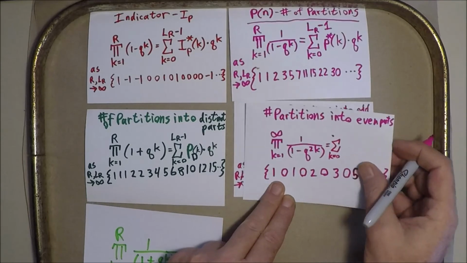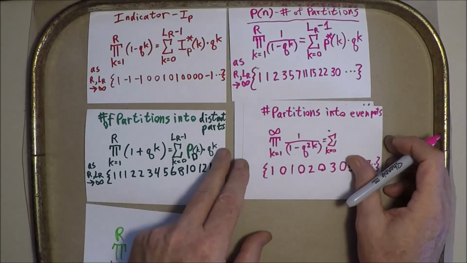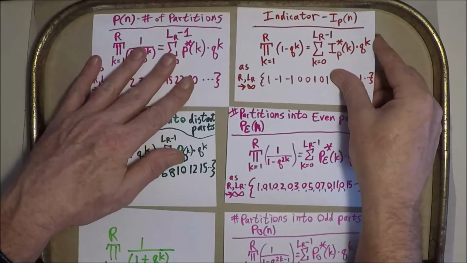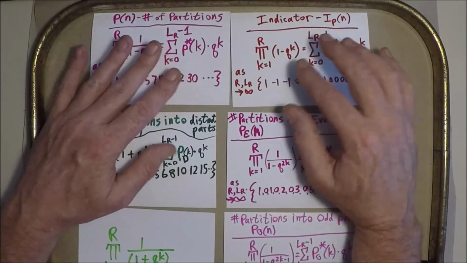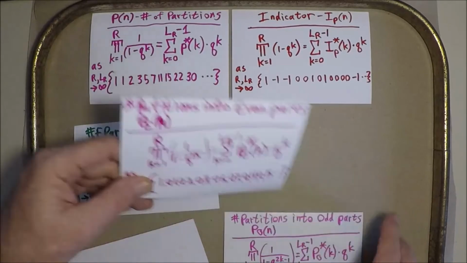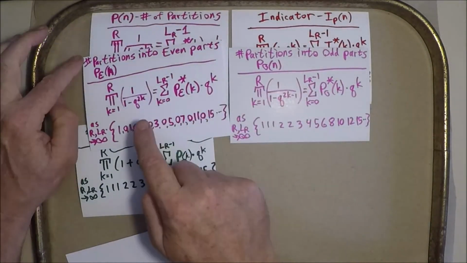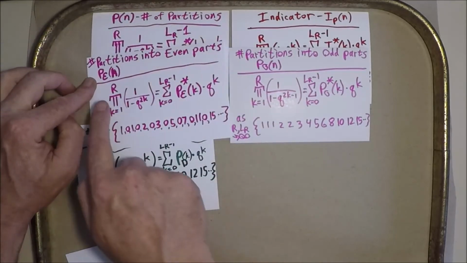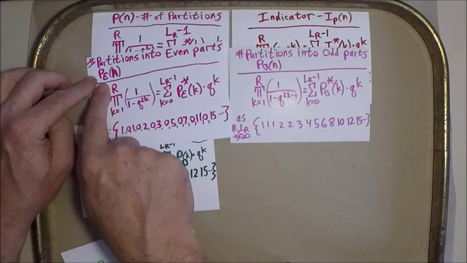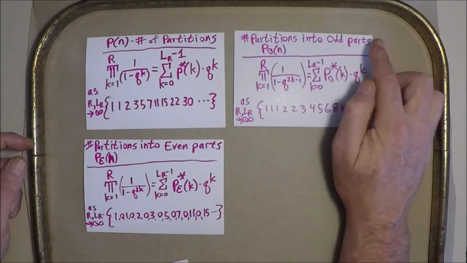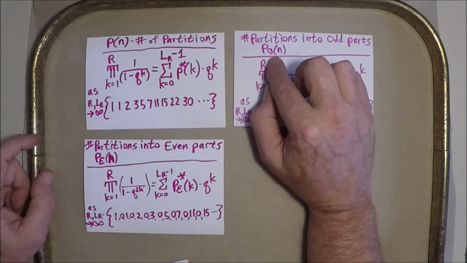Let me rewrite both of these. So we have unrestricted partitions here, and then its indicator sequence, aka its inverse. This number of partitions can be split into the number of partitions into even parts, where we use a large squiggly E, and partitions into odd parts, a P and a little funny capital O.